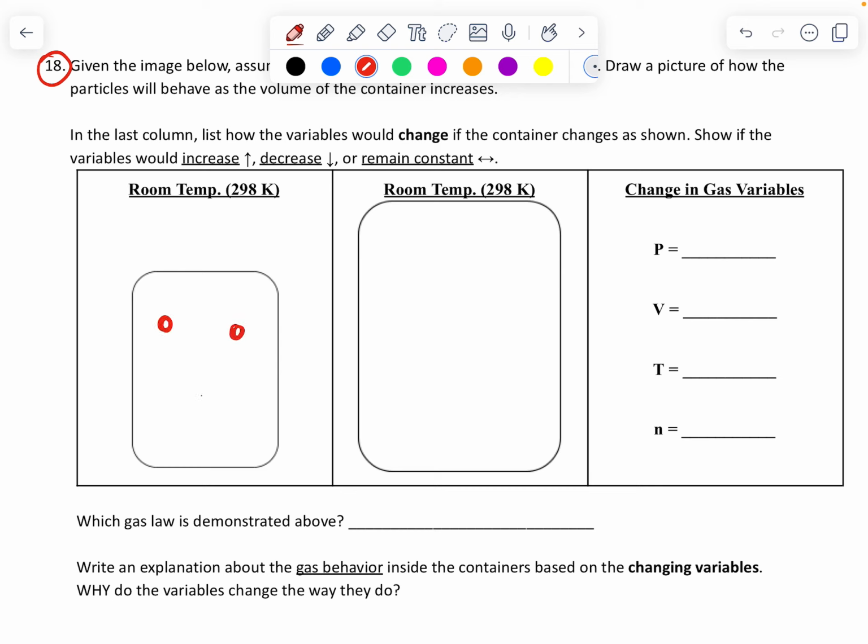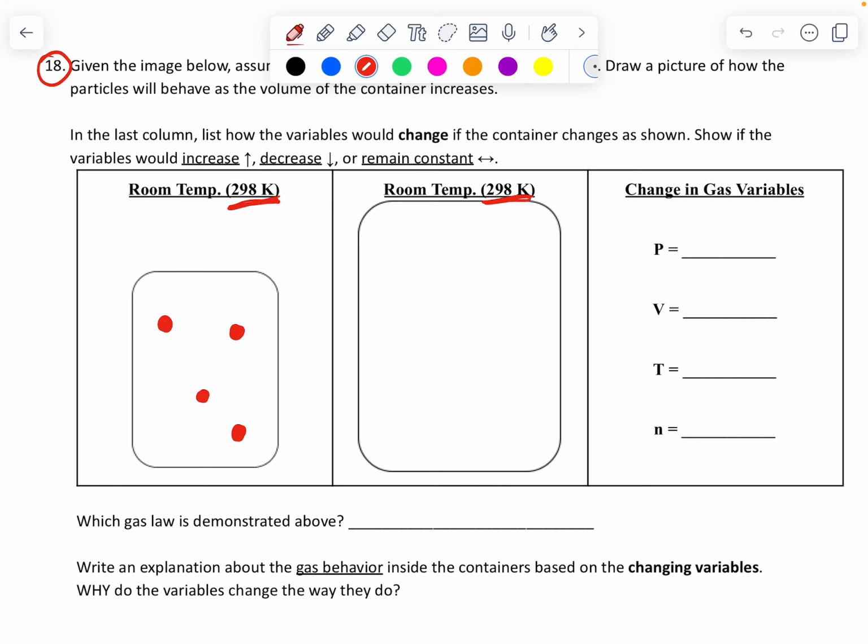Here's 1, 2, 3, 4. Okay, I'm going to do the same thing on the right. Before that, I'm going to make sure that I draw in the arrows indicating how fast they're moving, right? So take a look, guys. First, I see room temperature, 298 Kelvin, and also 298 Kelvin, which means the speed is not going to change, right?